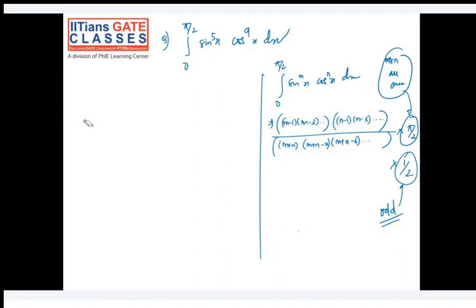Second bracket: 9 minus 1 is 8 into 6 into 4 into 2, divided by m plus n. 5 plus 9 is 14, into 12 into 10 into 8 into 6, 4 and 2.